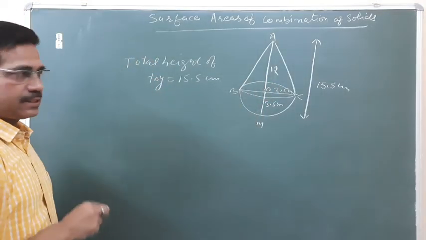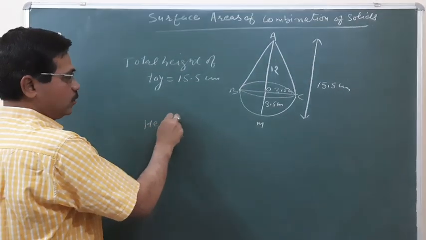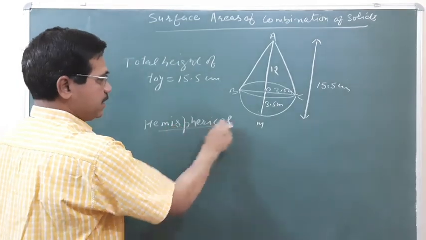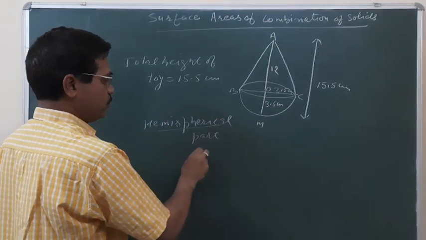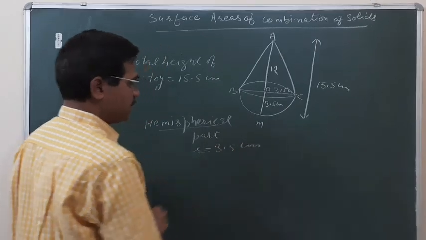So let us make two parts of this also. First part is hemispherical part. In the hemispherical part we have radius equal to 3.5 centimeter.